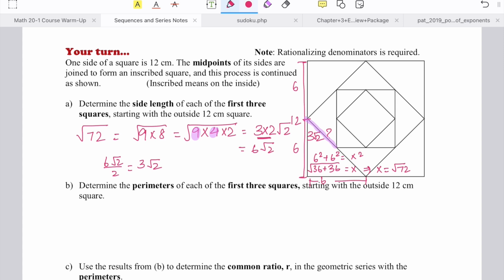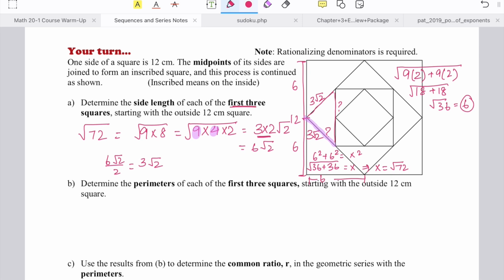And then this will be 3 root 2 as well. We can figure out this length, which would be 9 times 2, because 3 squared is 9, plus 9 times 2, square root of that, which will be 18 plus 18, square root of that, which is 36, and that's 6. So our first 3 squares, the side lengths will be 12, 6 root 2, and 6, okay?